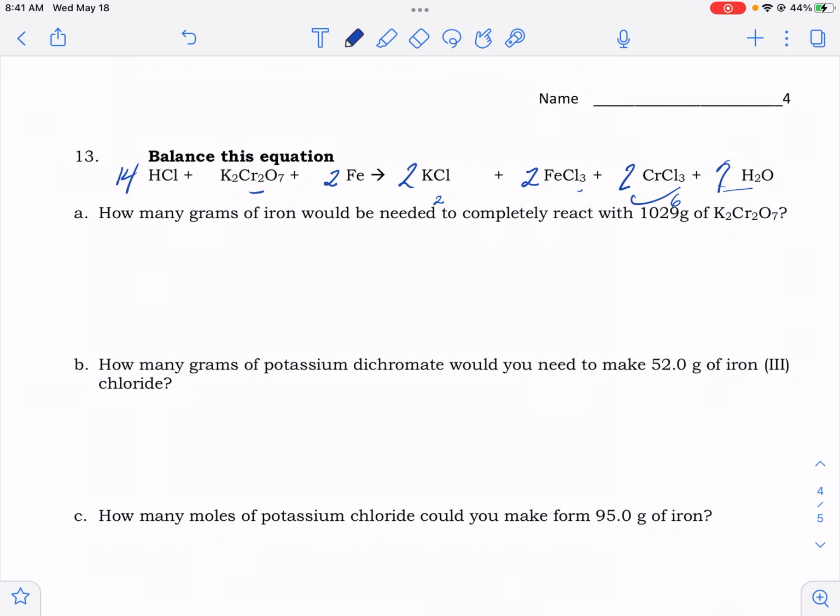How many grams of iron would it take to completely react with 1029 grams of potassium dichromate? So in this case, I'm starting with potassium dichromate, and I'm solving for grams of iron.